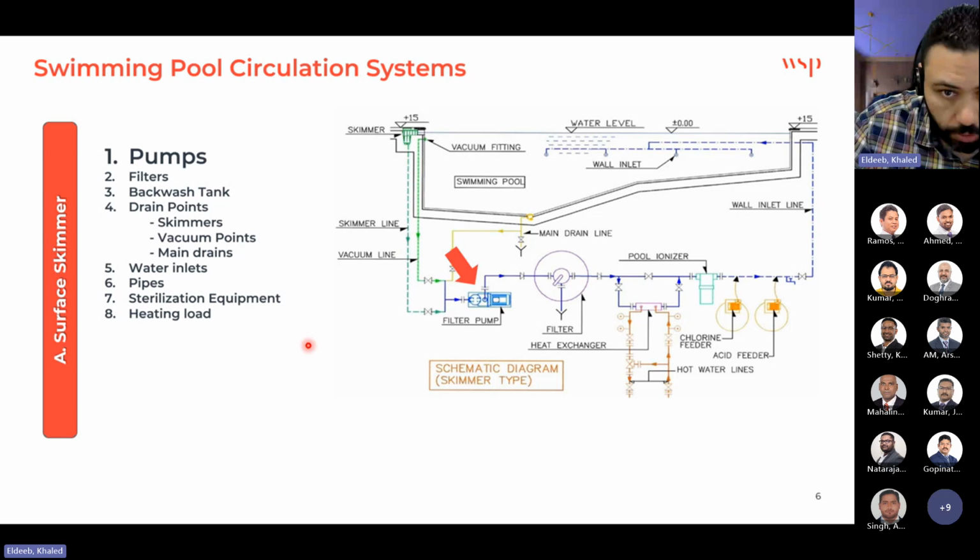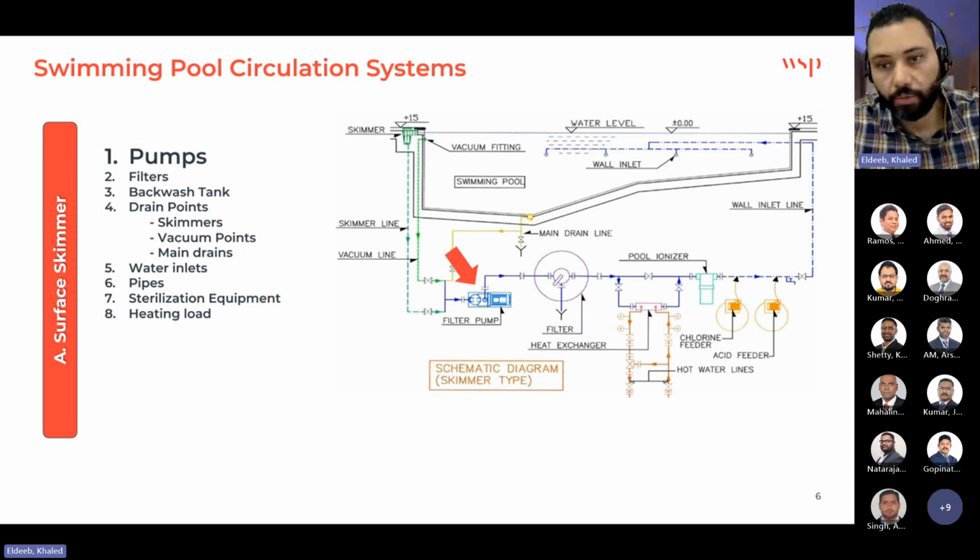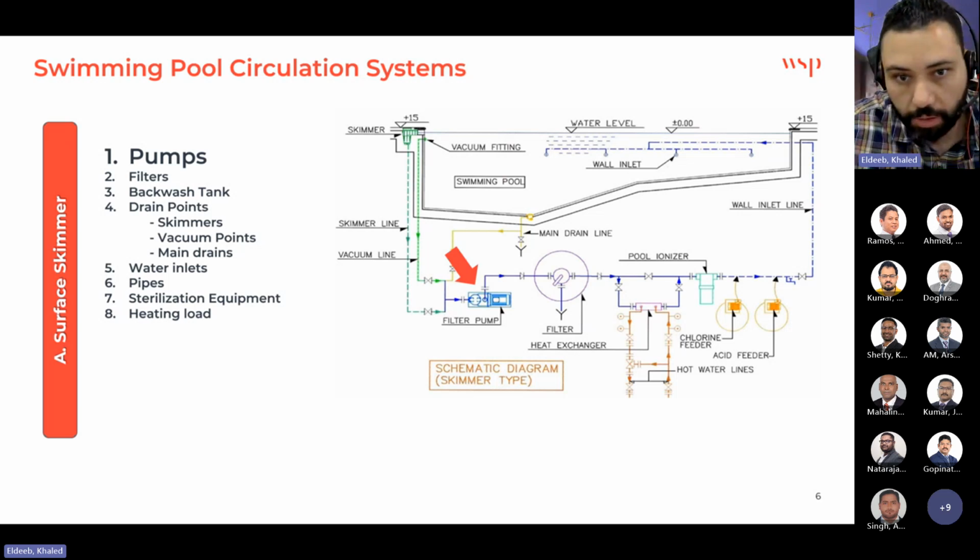Okay, so the pump sizing is one of the most critical components when designing a swimming pool. This is the heart of the whole circulation system and impacts the sizing of all other components, as we are going to see later.